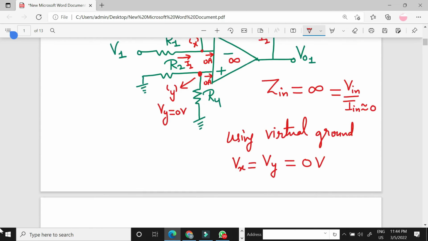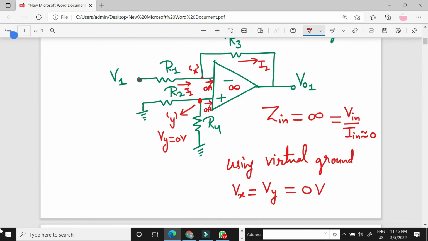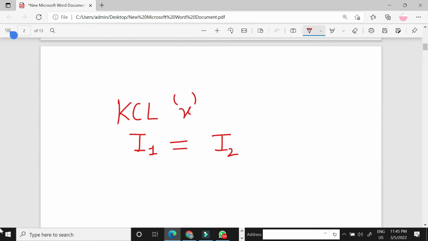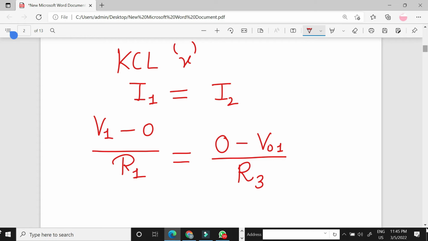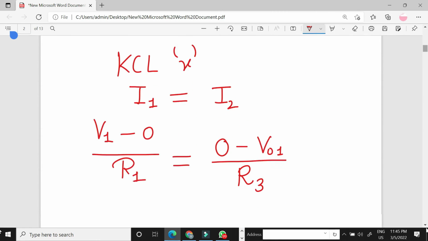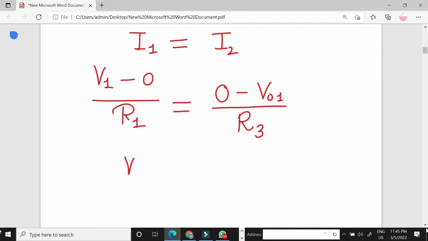I1 starts from V1 and terminates at Vx, and Vx is at 0 volt. So (V1 minus 0) upon R1 is equal to (0 minus V01) upon R3. So V01 is equal to minus R3 upon R1 into V1.